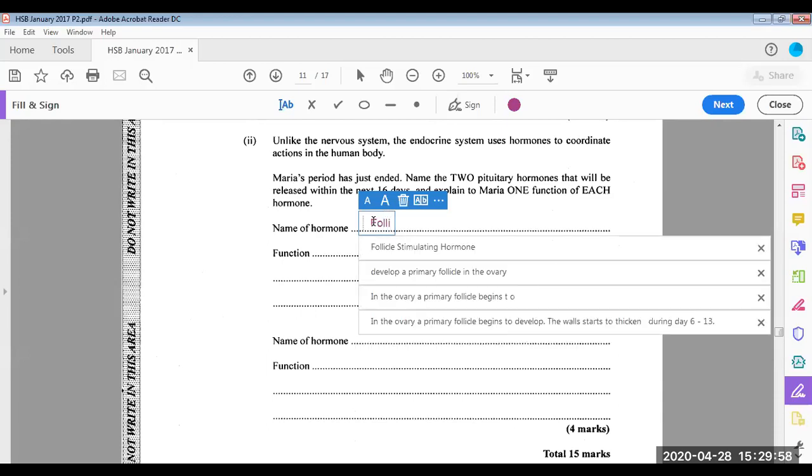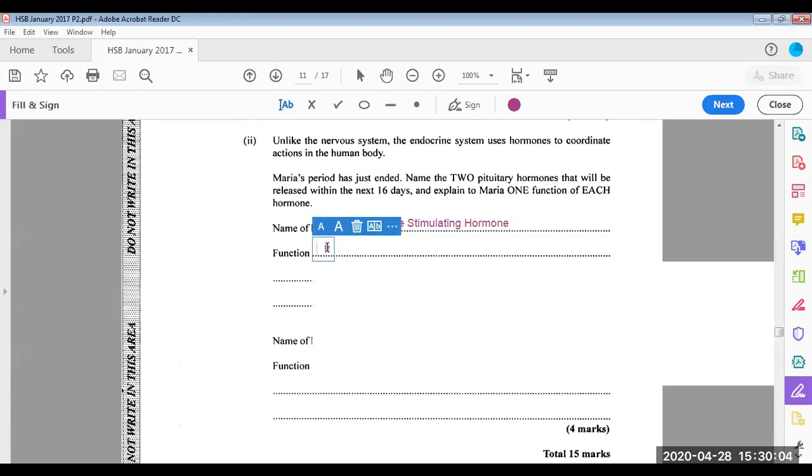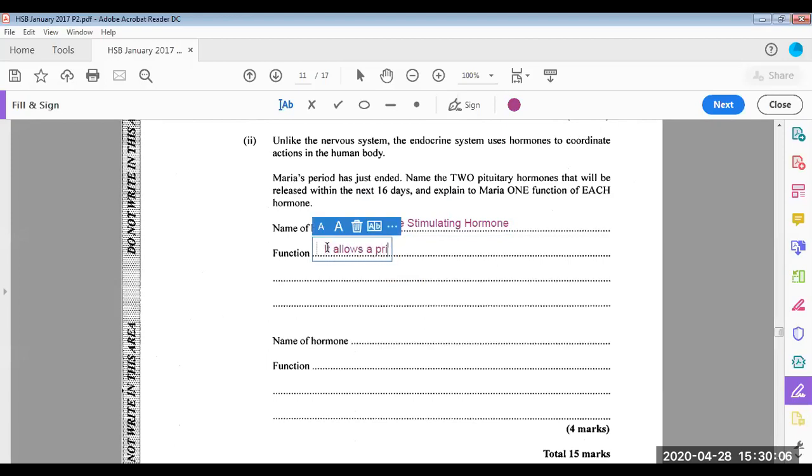So that's follicle stimulating hormone. What's the function of this hormone? It allows a primary follicle in the ovary to develop and mature. So it's preparing it to become fertilized, in other words.